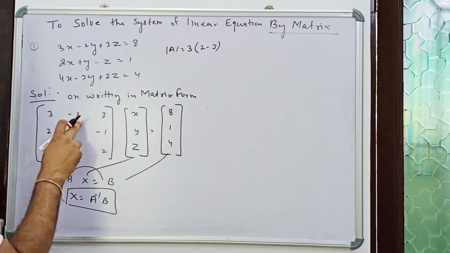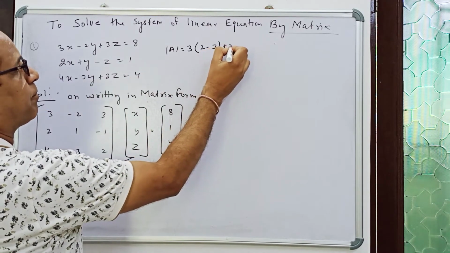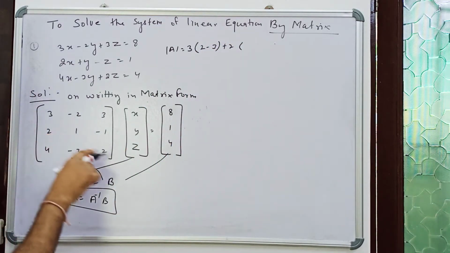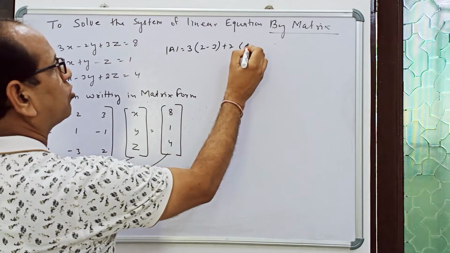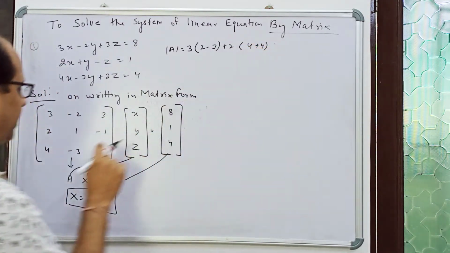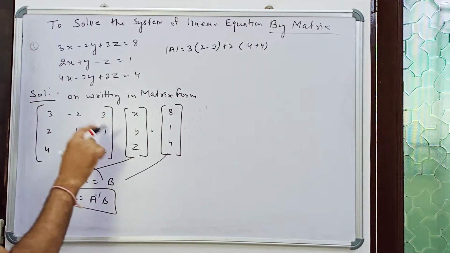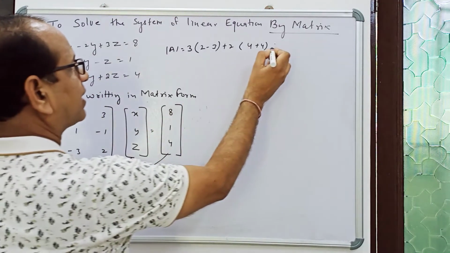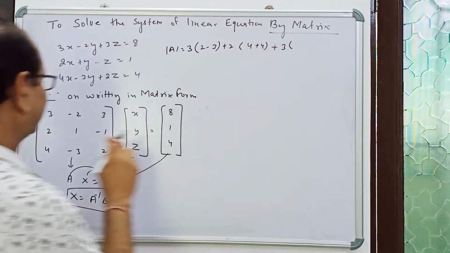Then it is minus 2, so this minus 2 will be plus 2 because one minus is of the formula, so plus 2, it is 4 plus 4. Why plus 4? Because 4 into minus 1 is minus 4 and one minus is of the formula, and the last part is plus 3, that is this 3.